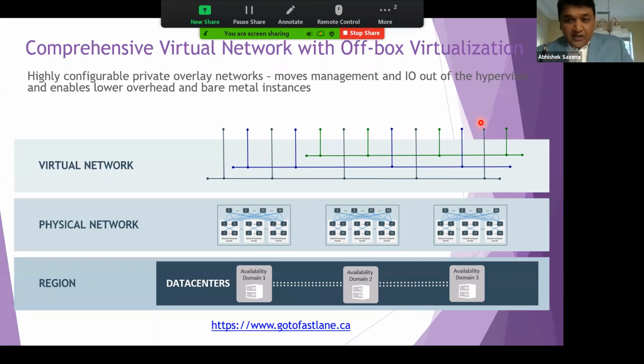Oracle realized first that as soon as we create multiple virtual machines, if one machine gets corrupted, it is going to clog the complete network. So they came up with the idea of off-box network virtualization. Basically, they took the network and IO virtualization out of the software stack and put it into the network.